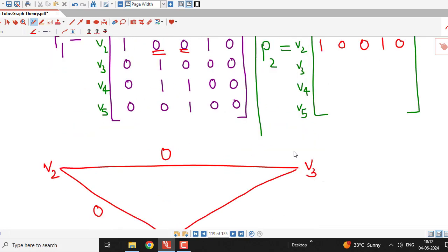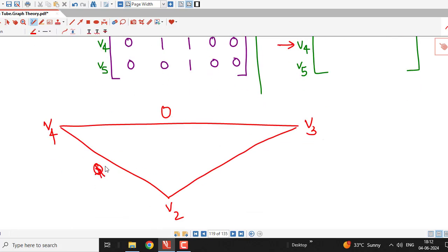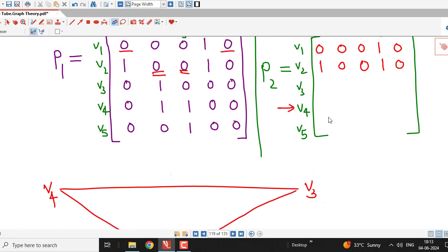We can check for the fourth row. For example, suppose I check for the fourth row, then here I will write V4, and let me remove this. And for V4, first I have to observe where the 1 is.